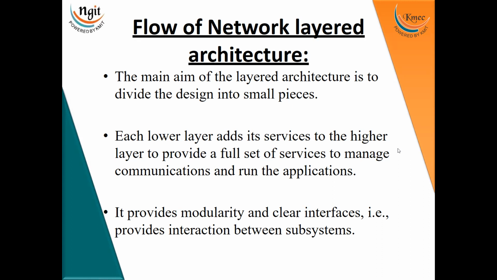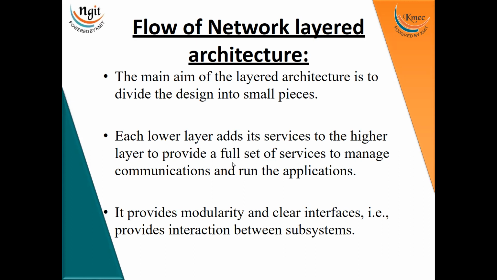Here, before going to the OSI layer, first we should learn what the layered architecture is. The main aim of this layered architecture is to design. That means here we are going to divide the data into small pieces. Each lower layer adds its services to the higher layer, and it provides a full set of services to manage the communication and run the applications.